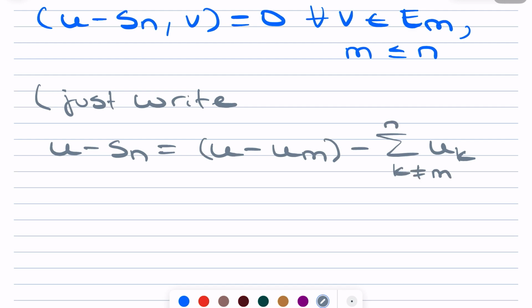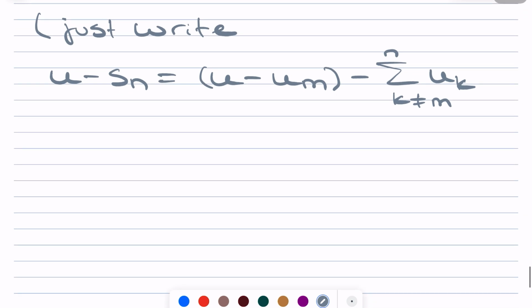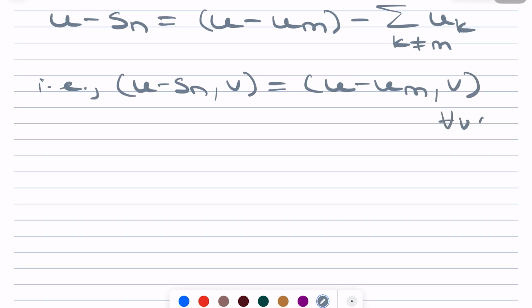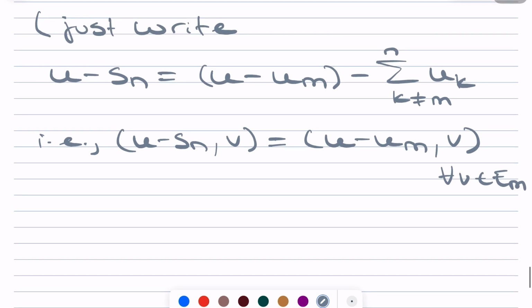Now this scalar product of u minus Sn comma v will be equal to the scalar product of u minus Um comma v, for every v in Em. Why? Because the En are mutually orthogonal.